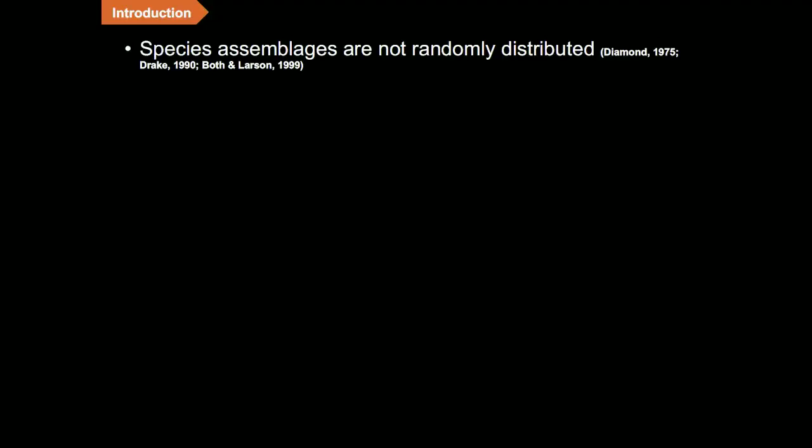So in introduction, this study is based on species assemblages, and we know that species are not distributed in the same way, whatever the taxa, depending on our landscape context.